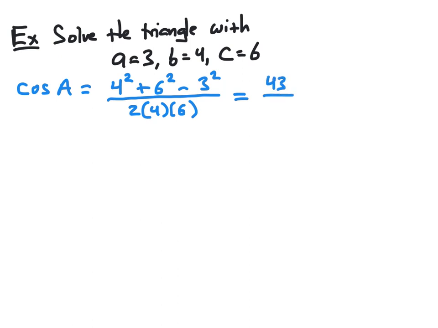Our denominator will be 8 times 6, which is 48. And so cosine of A is 43 over 48. And therefore A will be the inverse cosine of 43/48, which is approximately 26.38 degrees.